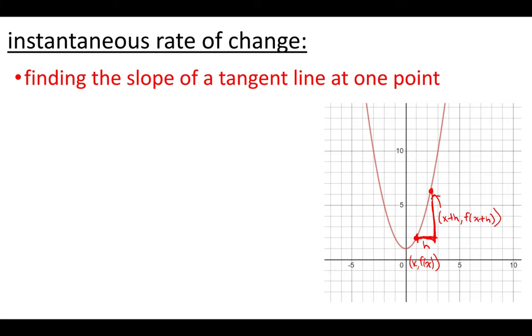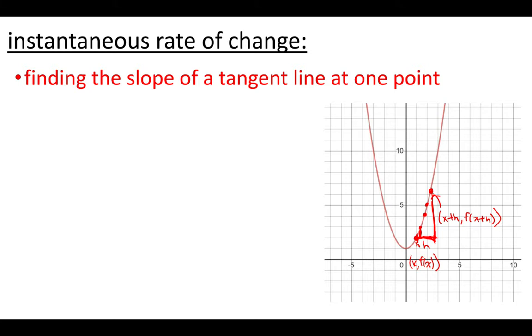So whatever the point is I'm talking about here, if this is (1, 1), then the other point's x sub 2 would actually be 1 plus h. And if my first f of x was f of 1, then my next point would be f of 1 plus h. What's going to happen is this h, we want to keep making smaller and smaller, because we want to keep moving this point closer.